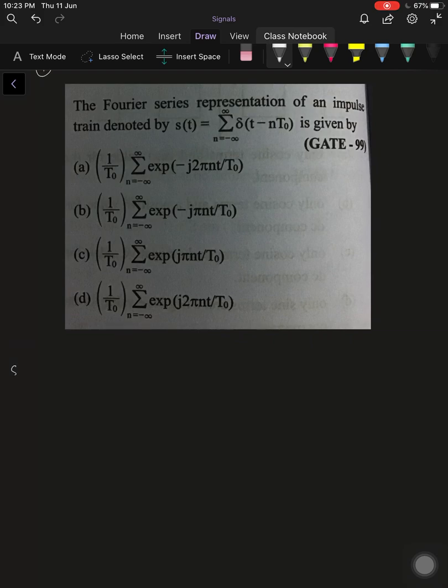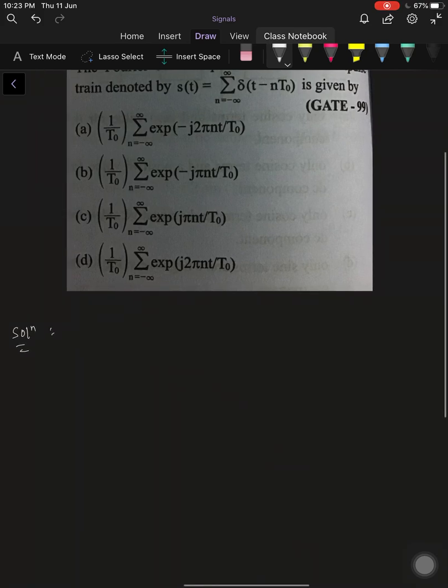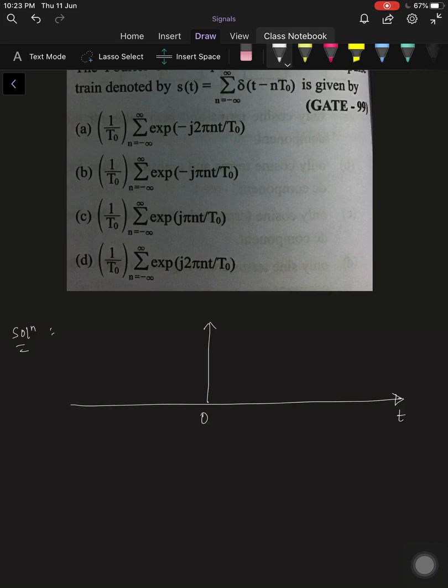So to begin with, first let's see what is S of t. I will plot n for plus minus 1. Let's take some 2 or 3 values, that will be enough.